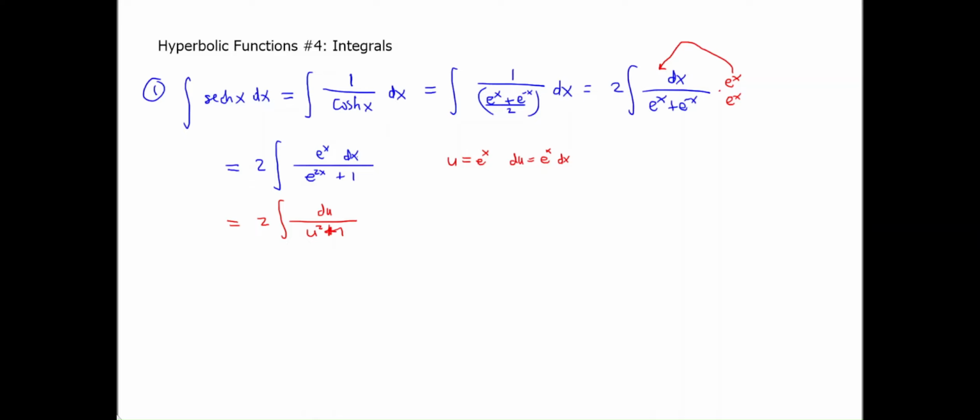Now this you might say calls for a trigonometric substitution, but you may already know how this goes. The antiderivative here is the arctan, or the tangent inverse function, of the variable u. Taking this back to the variable x, we get 2 times tangent inverse of e to the x.